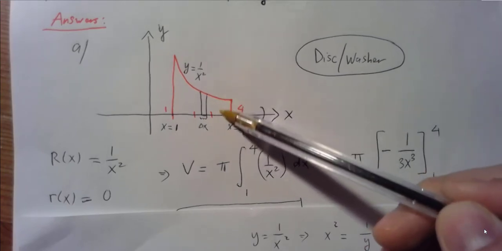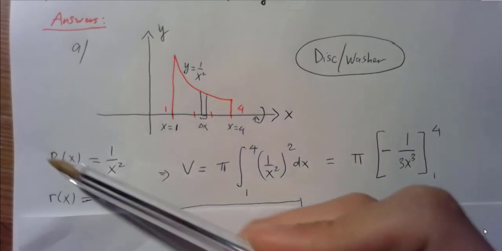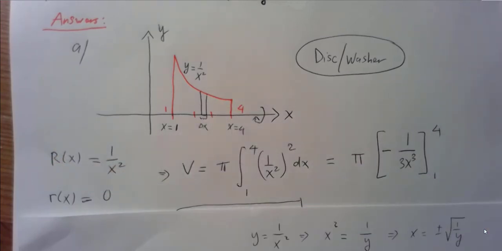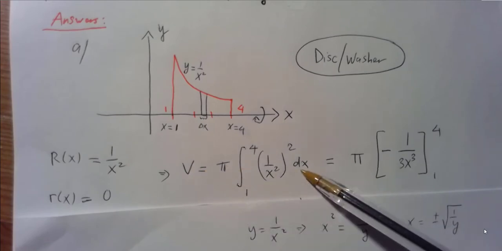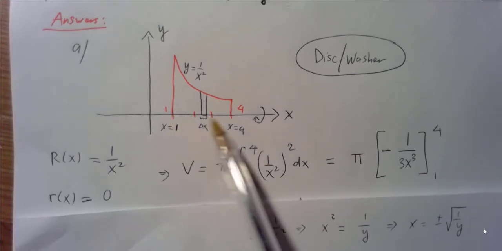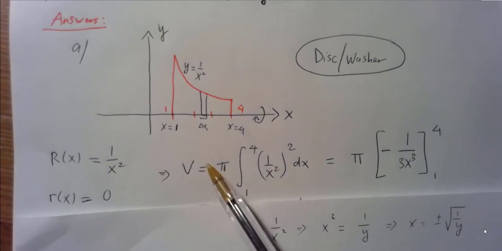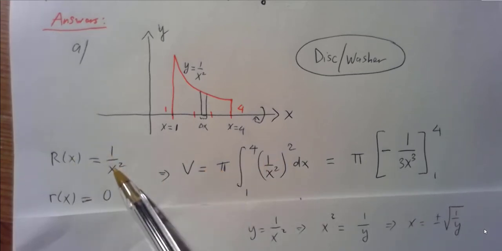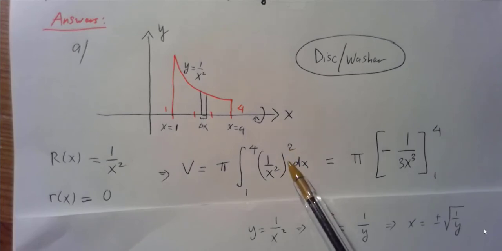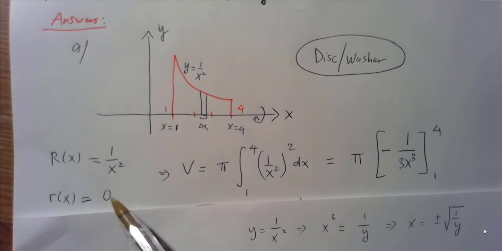And this is basically just a function, the y function, or just 1 over x squared for the outer radius. And then we just apply the formula V equal pi. We go with dx, that means we are running on the x-axis, so we go from x equal 1 up to x equal 4. And then the big R squared, this guy, 1 over x squared, minus the small r, which is 0 squared, so we don't have to subtract anything, it's already 0.